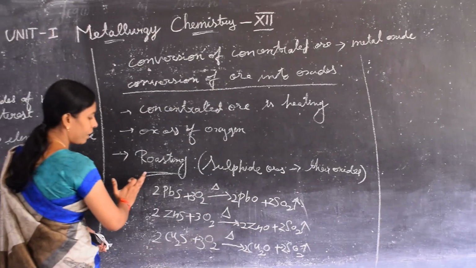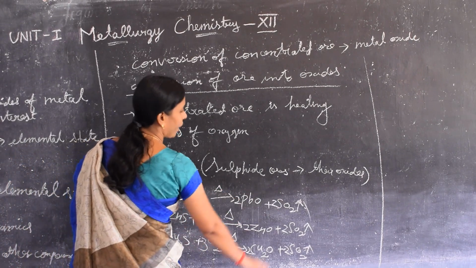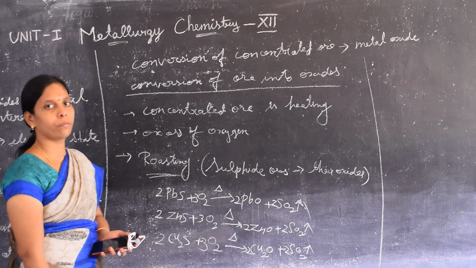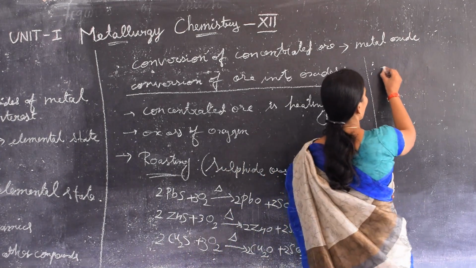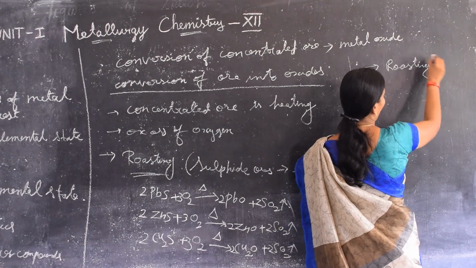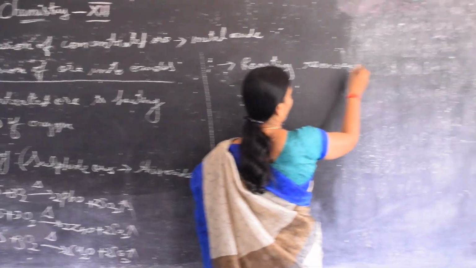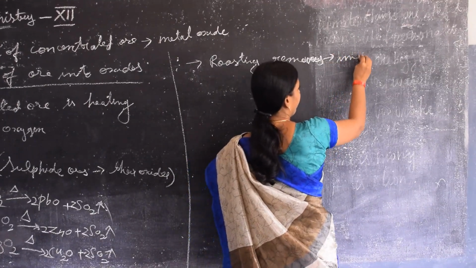In the roasting process, not only do sulfide ores get oxidized and sulfur dioxide goes out. So roasting also removes the impurities.